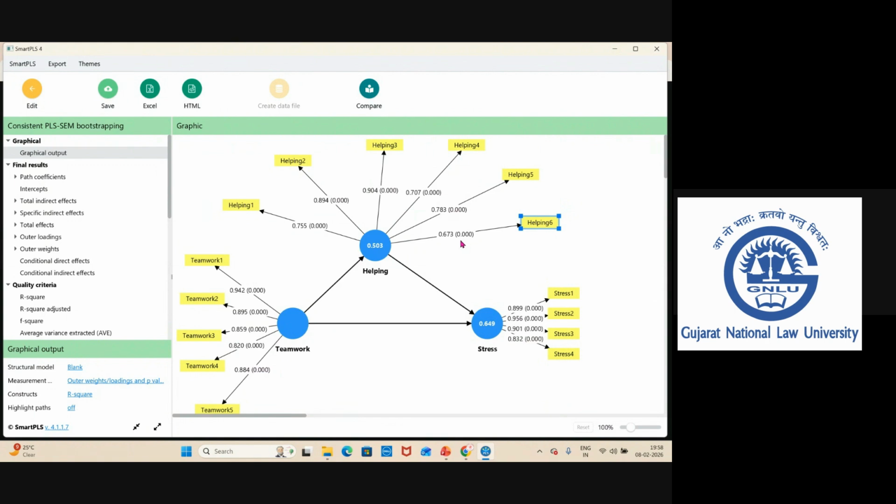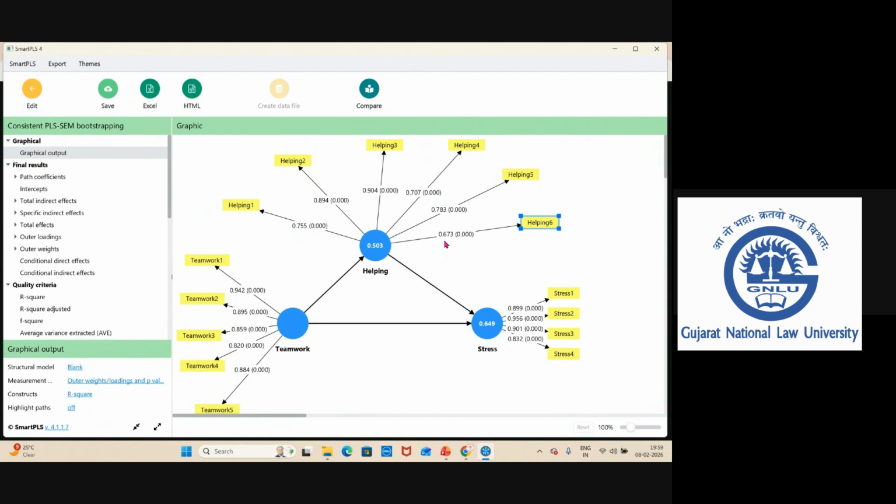Now, you have prepared this particular construct with the help of the existing literature review. If you feel this indicator has to be there, I don't want to delete it. If you don't want to delete any of the indicators based on a strong foundation, you are free to keep it.